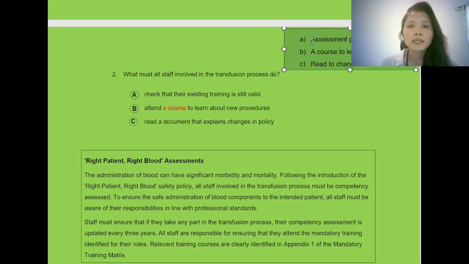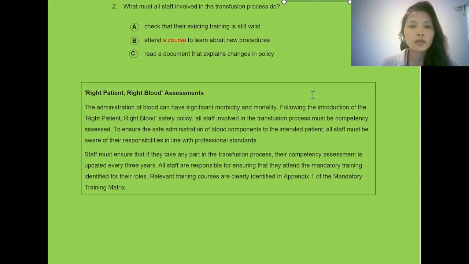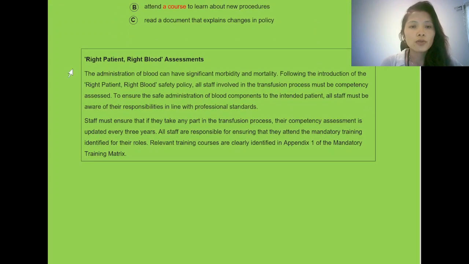Okay, and assessment period and a course to learn. Number B, a course to read to change the rule. We should read a document to change the rules, that you should keep in mind, and then jump to this here. While you're reading, look for patient, blood, assessment, transfusion, right?